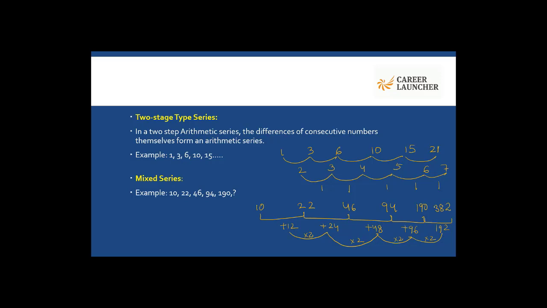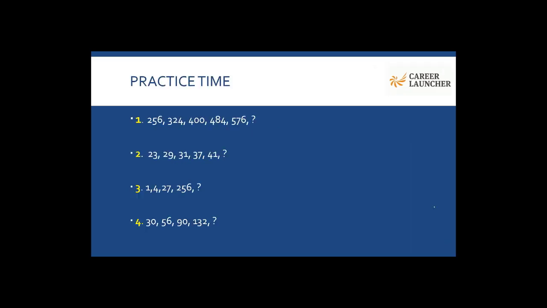Let's solve some questions now and identify what kind of series is being followed in each question. So the first question, 256, 324, 400, 484, 576.